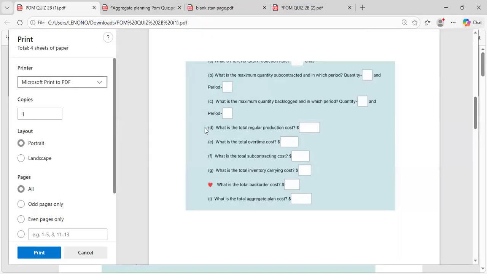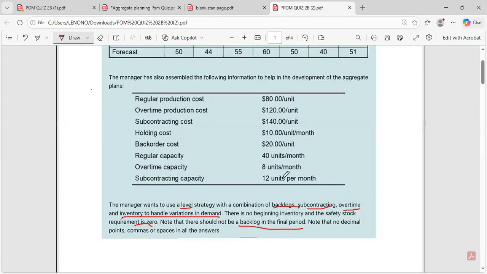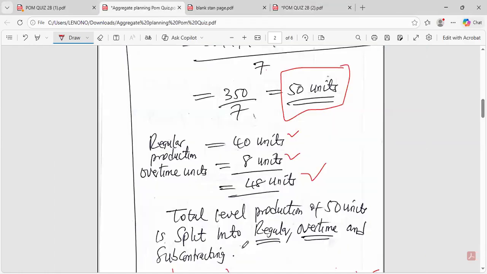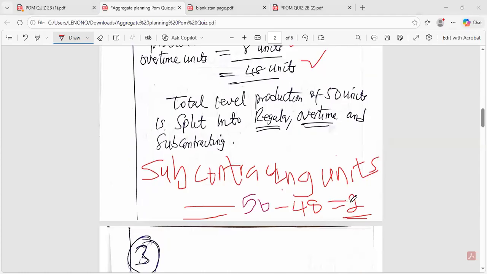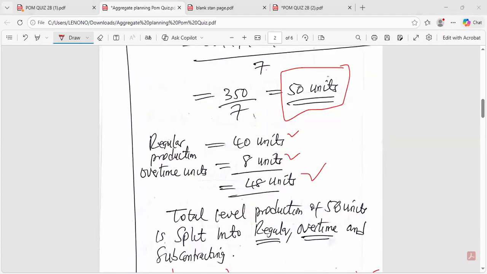We've been told that the regular production is 40 units and the overtime capacity is 8 units. So from the level production of 50 units, the 2 units will be subcontracted. So 2 units are the units that are going to be subcontracted.